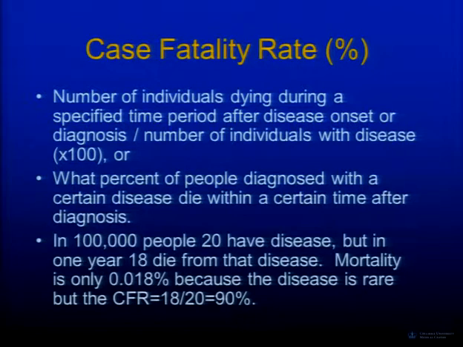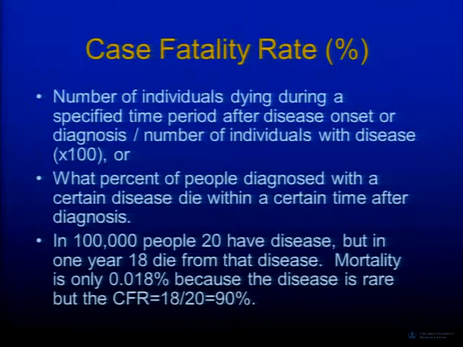This is the number of individuals dying during a time period after the disease onset or diagnosis, divided by the number of individuals with the disease. So it's not the population that's the denominator. Here it's out of all the people with the disease, what percent end up dying from it? What percent of people diagnosed with a certain disease die within a certain time after diagnosis?